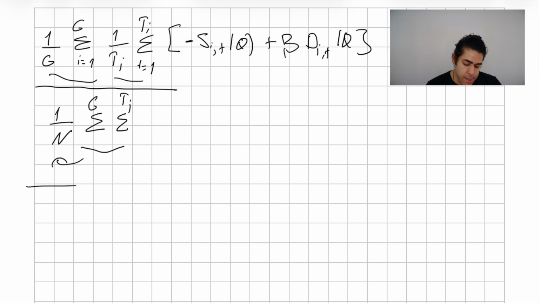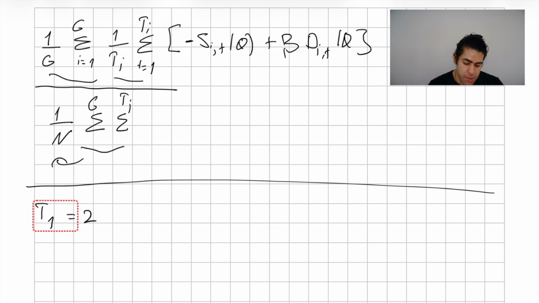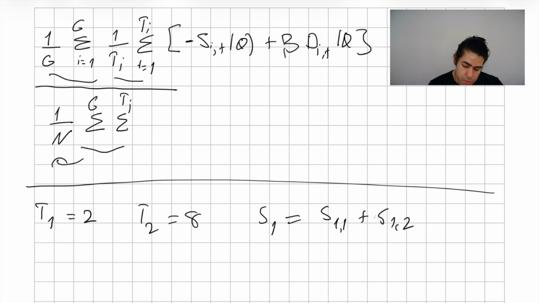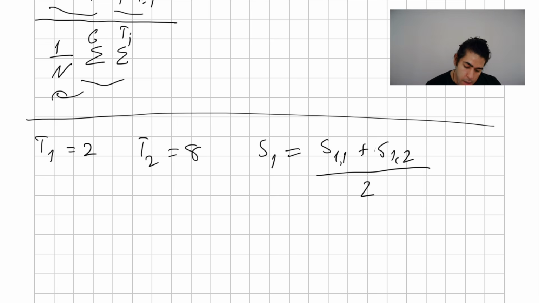What I mean by that is, think about you have two rollouts. Rollout 1 has a length of 2 and rollout 2 has a length of 8. With the original formula, the score for the first rollout is, let's say, S11 plus S12 divided by 2, and the score for the second rollout is S21 plus S22 and so on until S28, divided by 8.